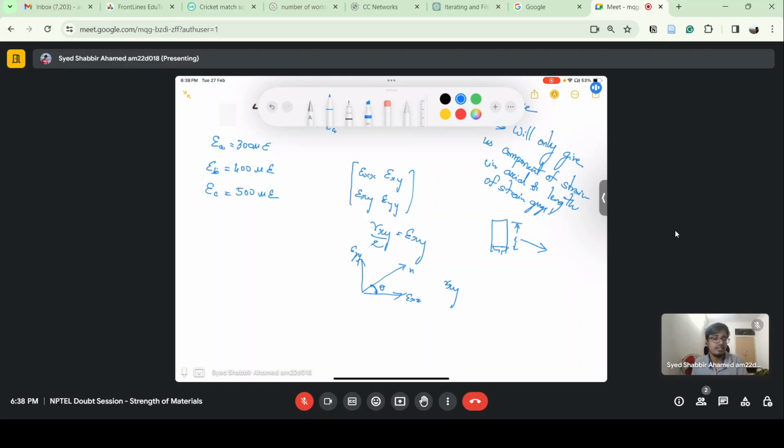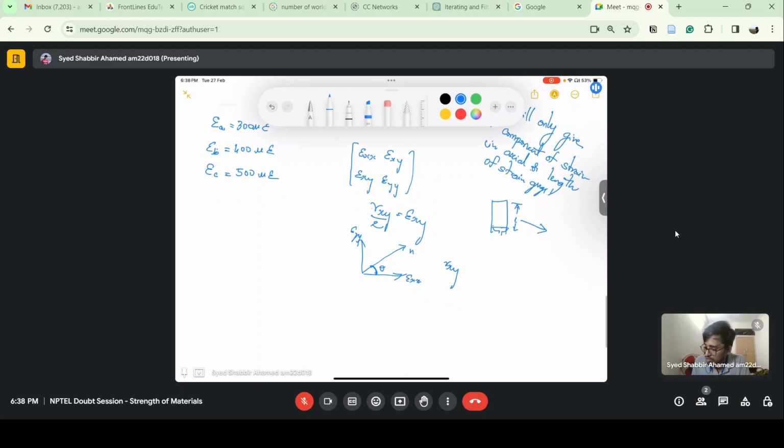Then we have studied the strain transformation law, which gives epsilon n equals epsilon xx cos square theta plus epsilon yy sin square theta plus gamma xy sin theta cos theta.